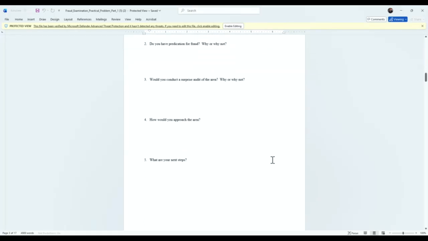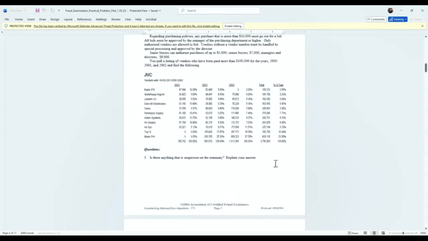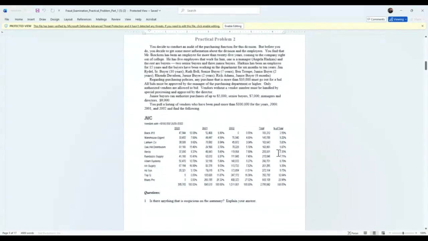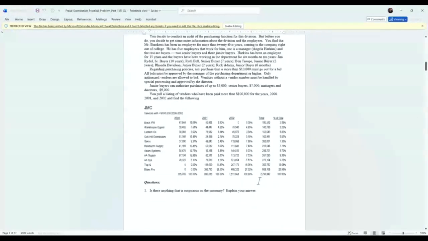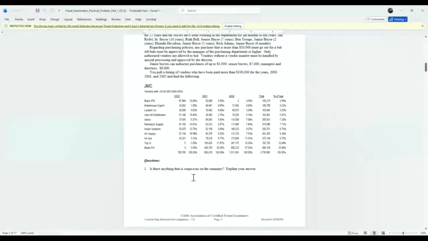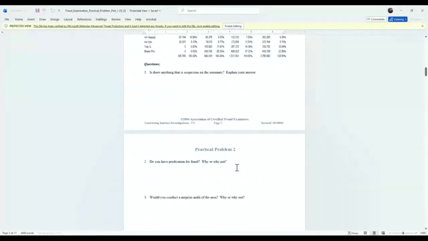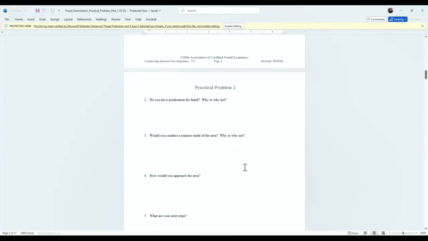And so again, this would be 5 paragraphs, maybe 6. So maybe start out with the first paragraph describing all this stuff about the department, and then second paragraph, the suspicious stuff on the summary. Maybe you see something else suspicious. Toss it in there. Predication of fraud. Say, boss, while this is suspicious, I don't believe this is a predication of fraud.